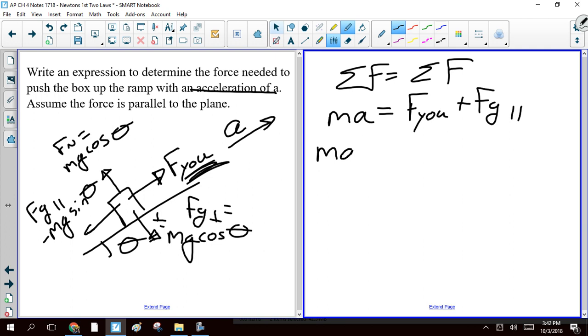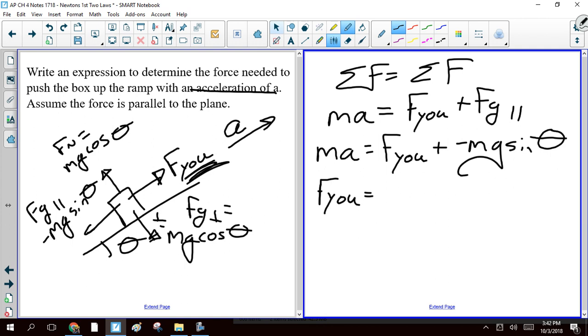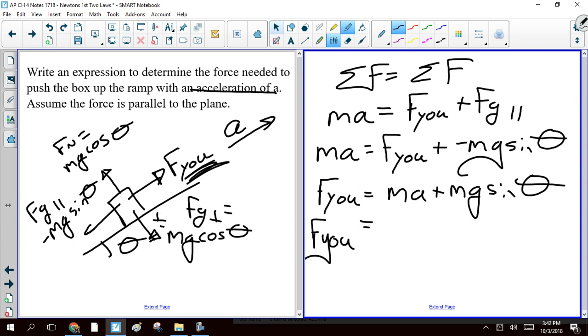So mass times acceleration is Fu plus negative mg sine theta. So I think we can add the mg sine theta to both sides, and you get Fu equals ma plus mg sine theta. If you want to simplify it further, you don't have to, but this becomes m times a plus g sine theta.